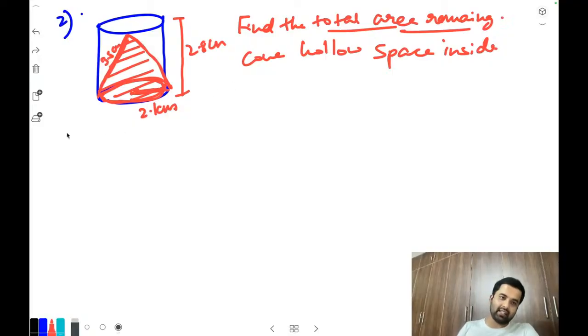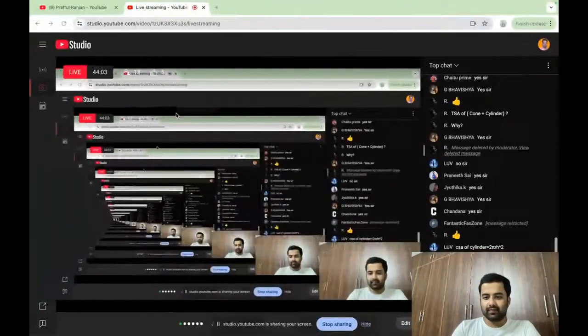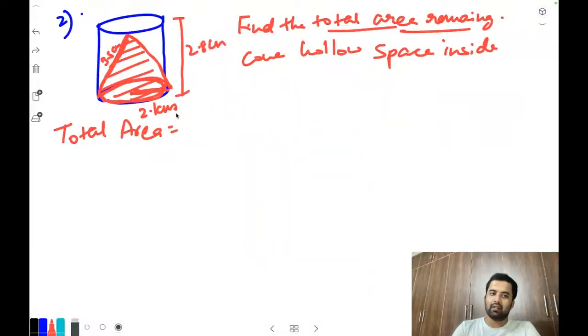What are you going to do to get the answer? Anybody have an idea about this? Let me mention in the chat option. Total area, how to figure out, what will you do here? TSA of cylinder minus cone. But everything will be deleted now.